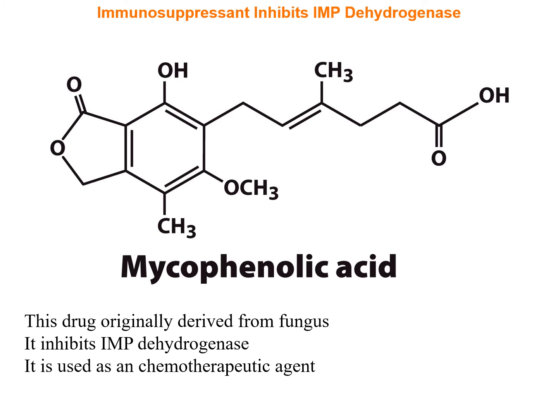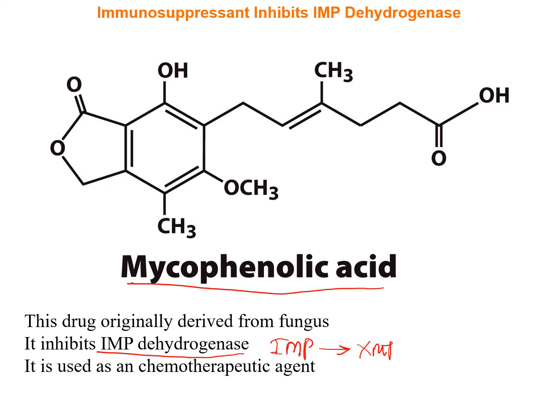Just want to mention a clinical relevance: there is a drug out there called mycophenolic acid, and this drug is an inhibitor of IMP dehydrogenase. So this enzyme, if we go back to the previous PowerPoint slide, generates XMP from IMP.